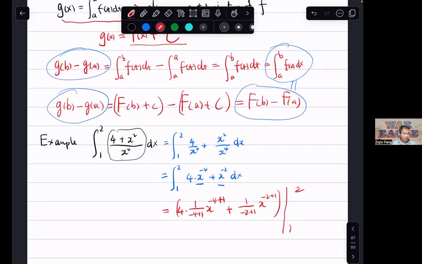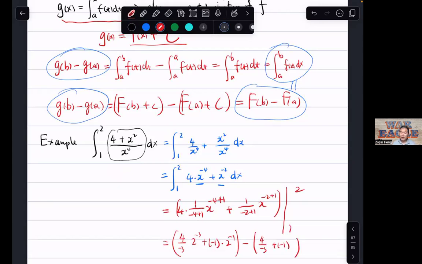So this is equal to 4 over negative 3, plug in 2, you get 2 to the negative 3, plus 1 over negative 1, which is negative 1, times 2 to the negative 1. That's what you get when you plug in 2. Then minus 4 over negative 3, then plus negative 1, because if you plug in 1, 1 to the negative 3 is 1, and 1 to the negative 1 is also 1.